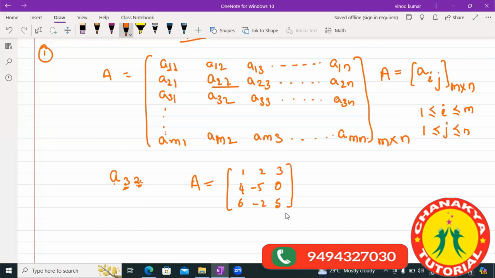Here 2 is in the first row, second column, and 1 is first row, first column. 3 is first row, third column. 5 is third row, third column. Minus 2 is third row, second column. In this way we take the elements and their positions in the matrix. Chandana, do you understand? Yes, sir.